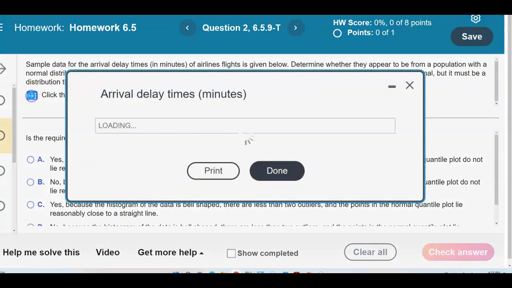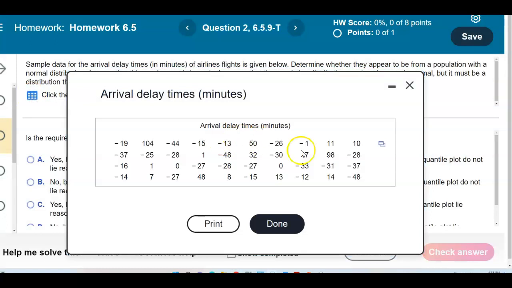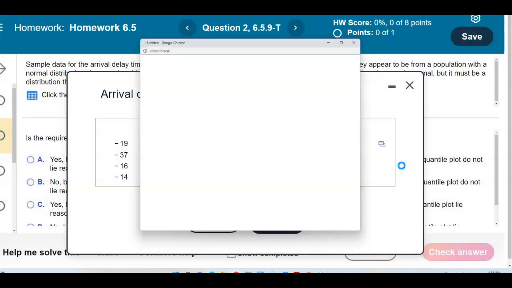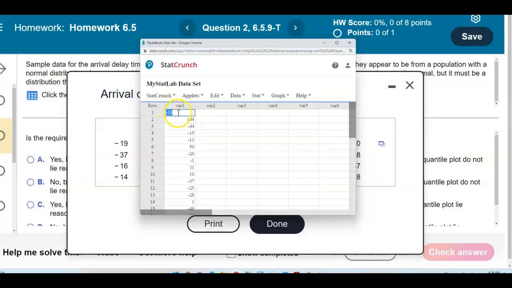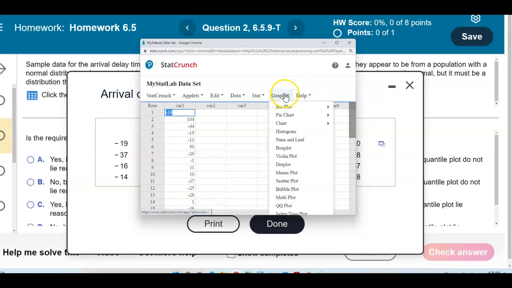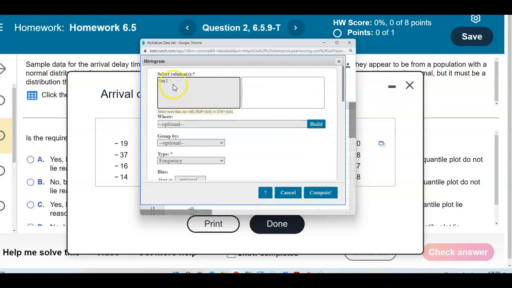So let's open up this data set, and then after we open up the data set, we're going to open this up into StatCrunch. So you can first take a look at here is all the data in this column. So we want to first create the histogram. So we're first going to select histogram. We're going to select our column.